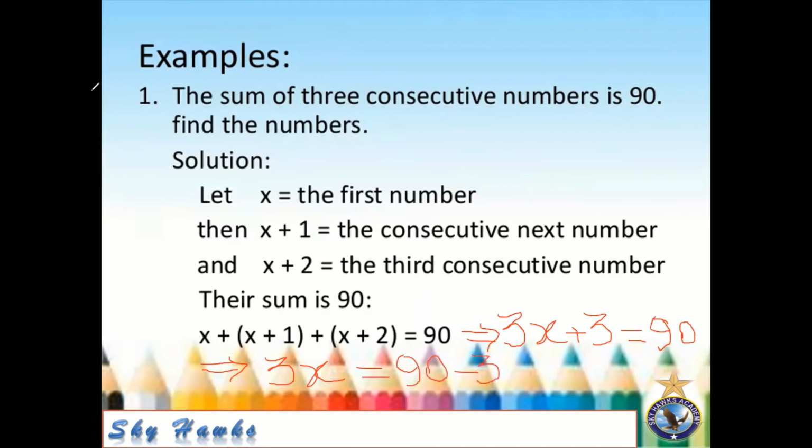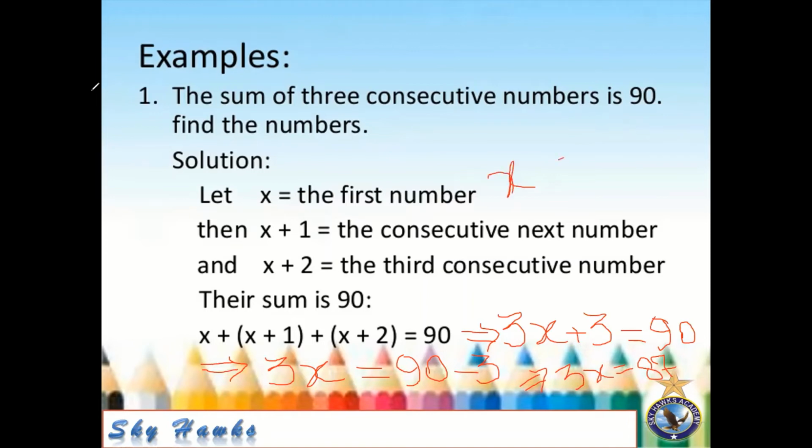Are you getting this step? So 3x is equal to what? 90 minus 3 is 87.